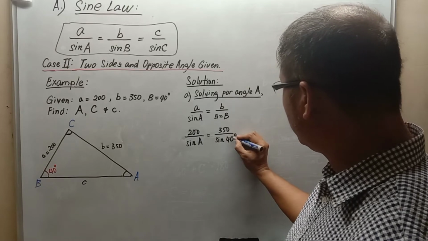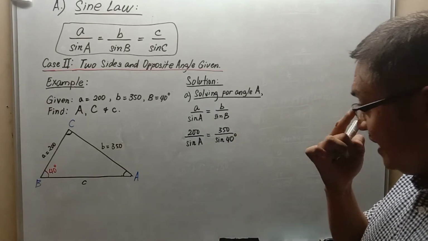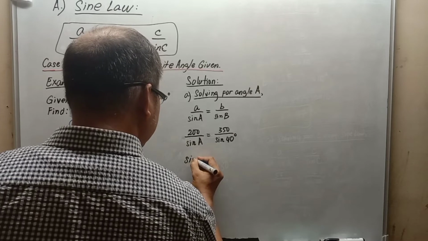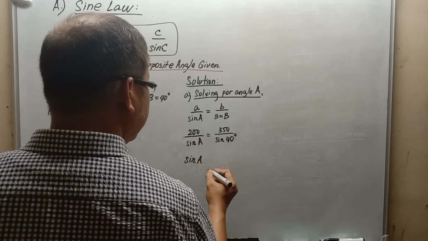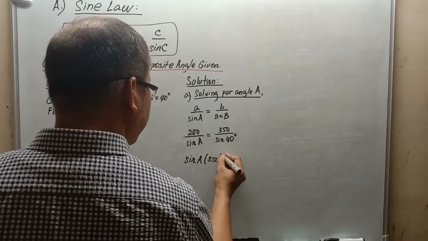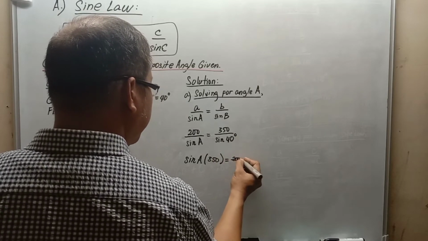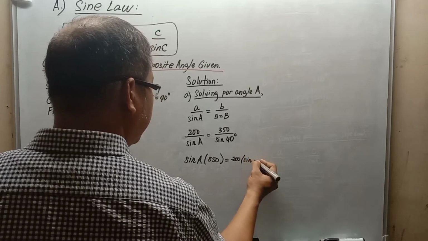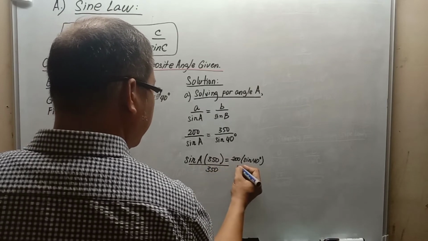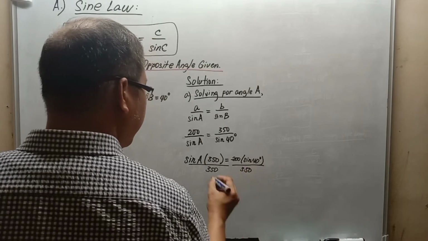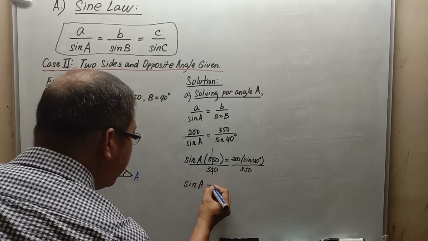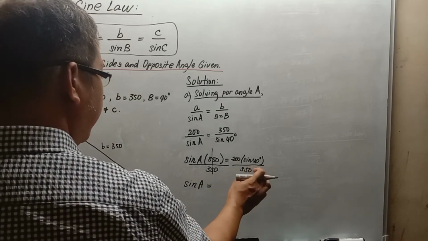So to simplify further this expression, sine A times 350 is equal to 200 times sine 40 degrees. So over 350, cancel.